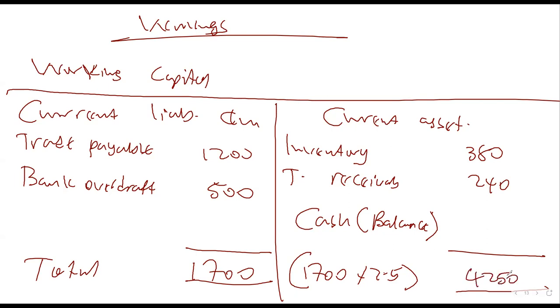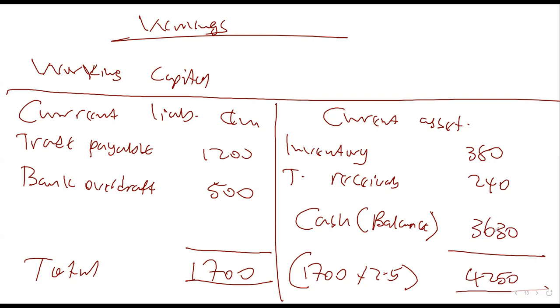Then we now less the remaining assets, less 380, less 240. So 3630. That is the working capital.